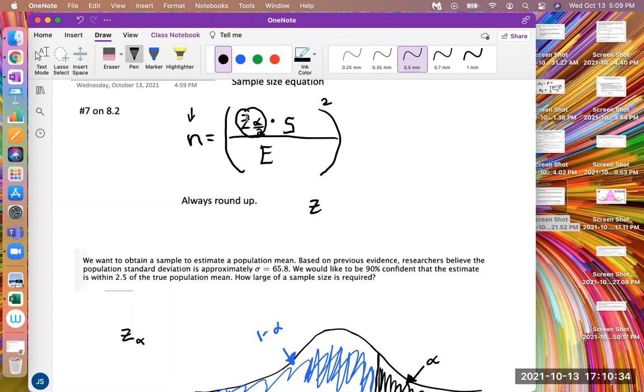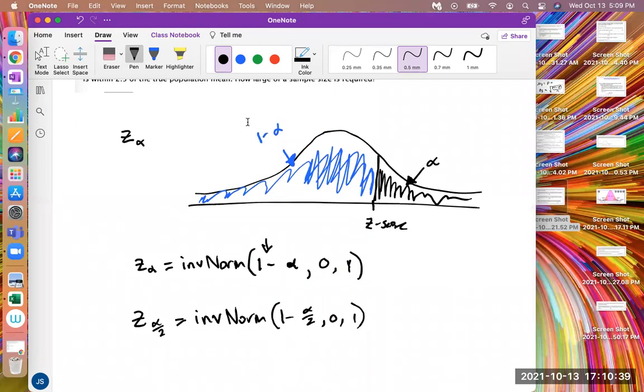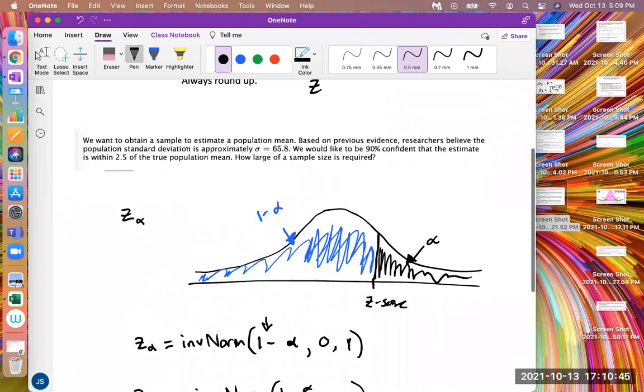Now, one more thing before we actually calculate that: what is the alpha? What I think of as alpha is what we're not confident. If we're 90% confident, then how much are we not confident?